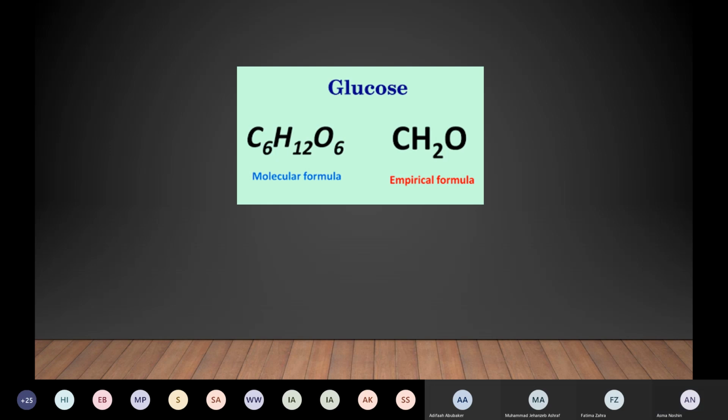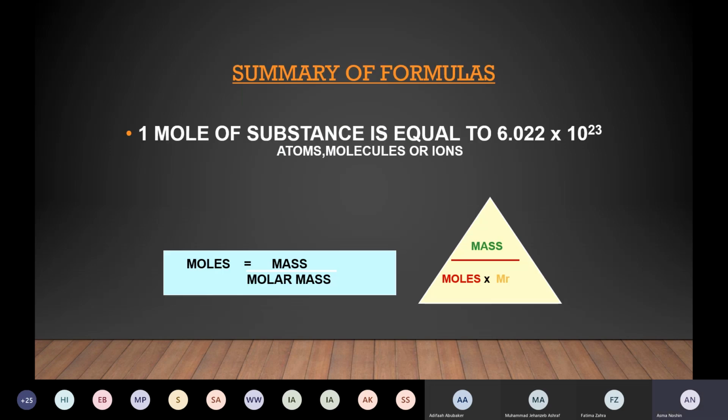Okay, so see, for that, this triangle formula should be in your notebooks. What is the formula? See over here, mass is written on the top, moles and Mr are written at the bottom, and in between there is a multiply sign.